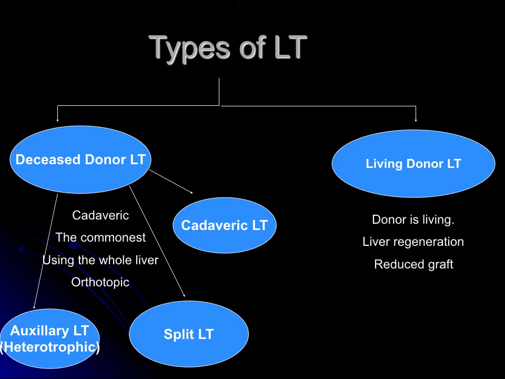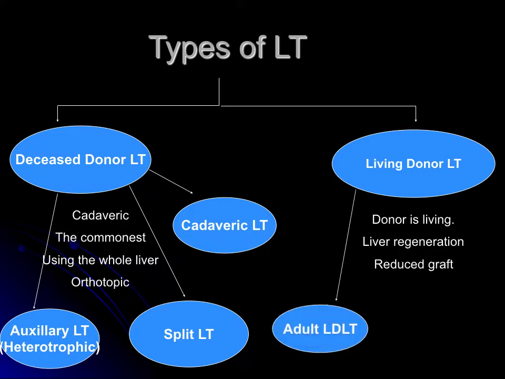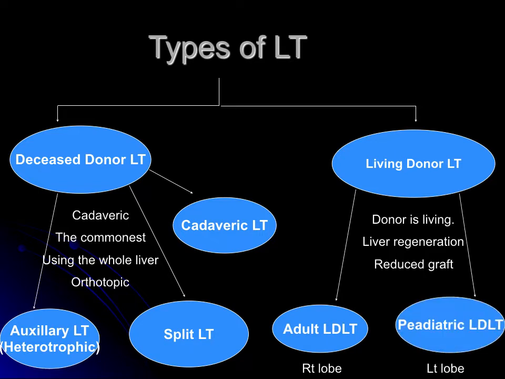In living donor liver transplant, the donor is a living person. We take a part of his liver, mostly the right lobe in the adult and the left lobe in the pediatric patient, depending on the concept of liver regeneration. Of course, we have to take the part of the liver, which we call the graft, from the donor.